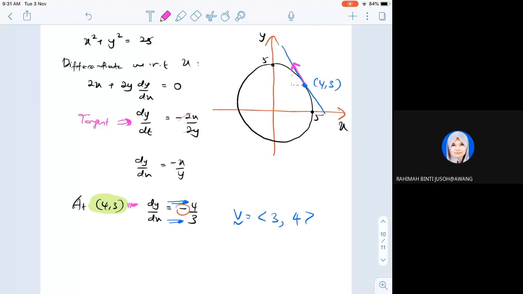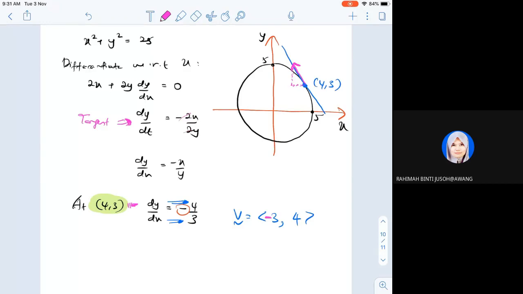So that's why when I move to the left, the negative belongs to x. So negative tu duduk dekat 3. Understand? And 4 is positive sebab kita gerak ke kiri, and then kita naik atas 4 step. So we get the vector.